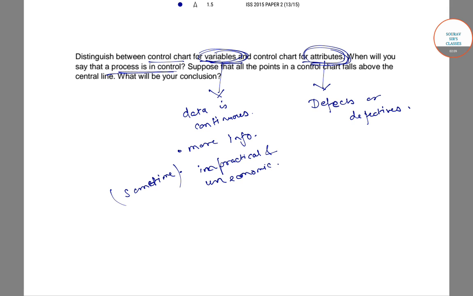Whereas this control chart for attributes, even though it provides lesser information, is very easily understood, and thereby less costly.